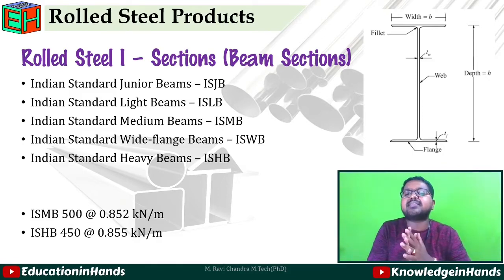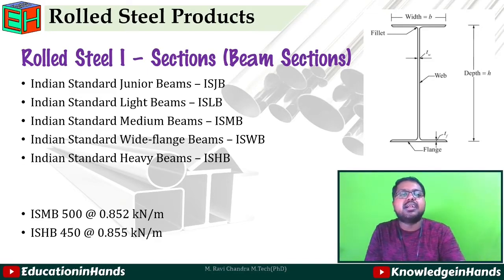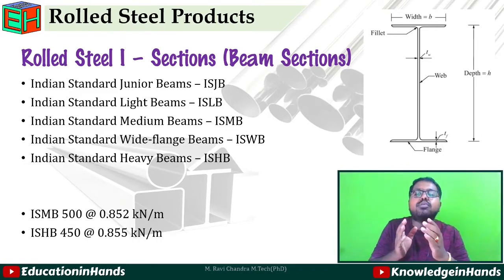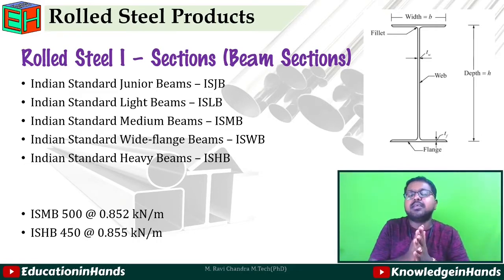So here ISMB refers to Indian Standard Medium Beam, and then 500 refers to the depth of the beam, that is H, which is equal to 500 in total, and at a weight of 0.852 kilonewton per meter, which means it is having a weight of 0.852 kilonewtons per meter span. This is the designation for rolled steel I sections or beam sections.